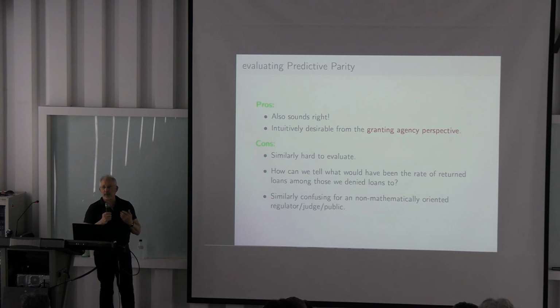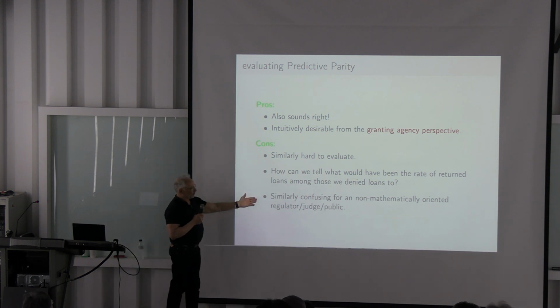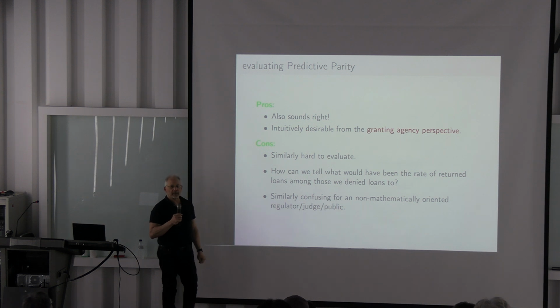You see, I have to evaluate what would have been the success among those that are rejected. Among those that are rejected, I have to know who would have succeeded, but I don't know it. So it's very difficult to evaluate. And it's similarly confusing to the non-mathematician to regulate.